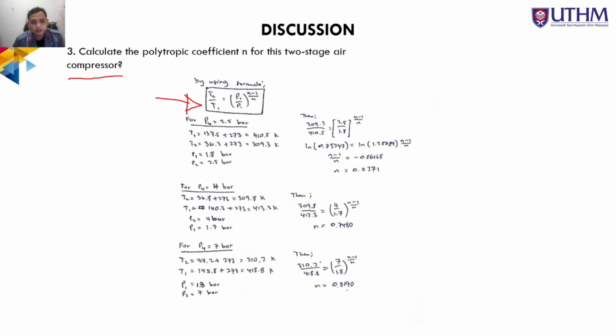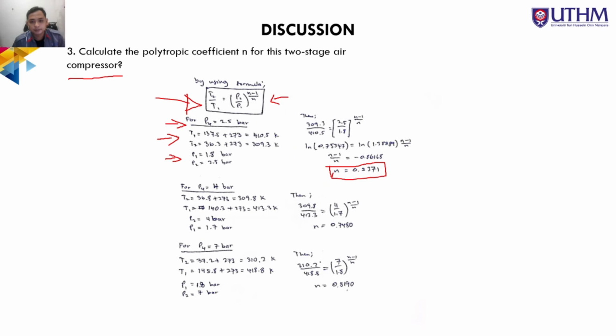For the P4 of 2.5 bar, we already know the temperatures T1 and T2, and pressure 1 and pressure 2, 1.8 bar, from the data we collected from the experiment. Then we calculate using the given formula to get the n value.